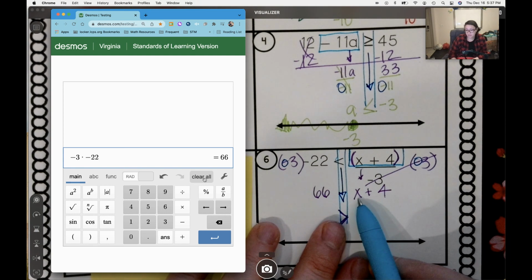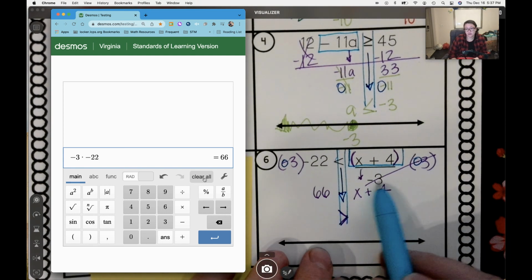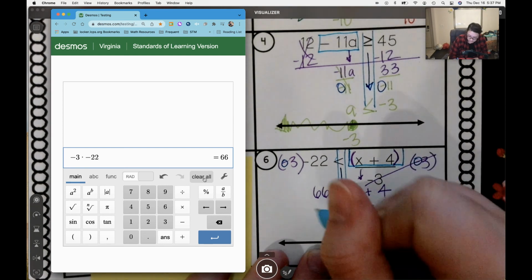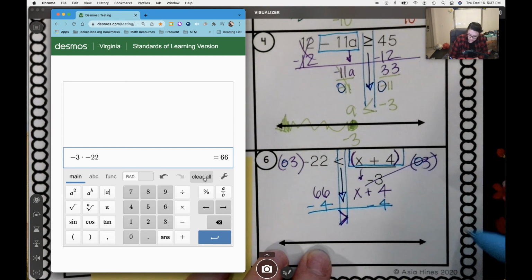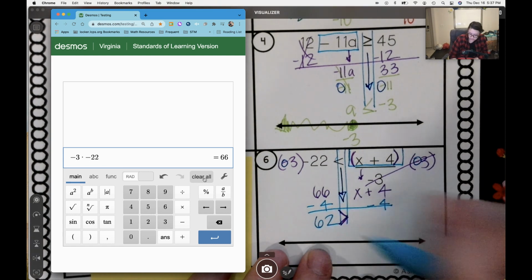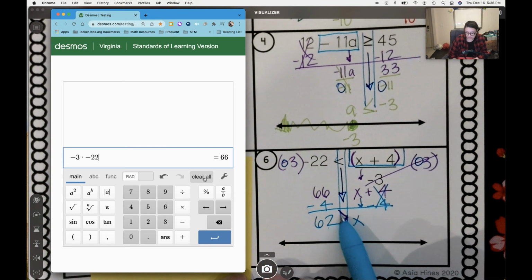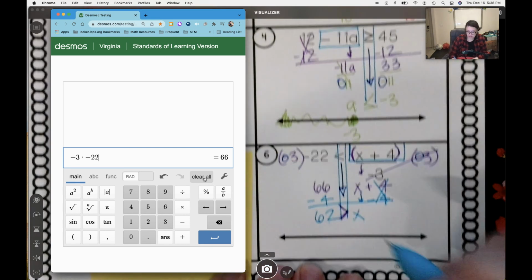And now I have my variable plus 4. I need to get rid of a plus 4. How am I going to do that? Minus 4 on both sides. What's 66 minus 4? 62. And we have x. We have 62 is greater than x.